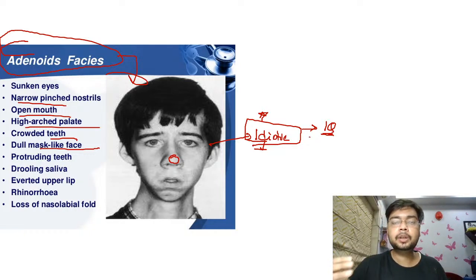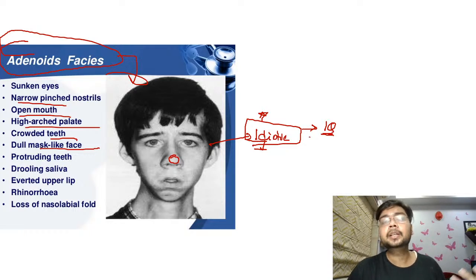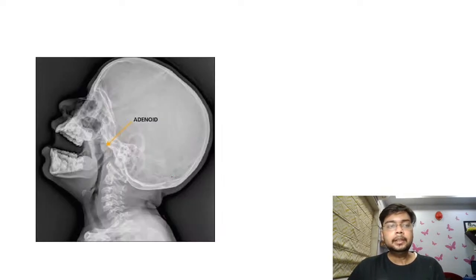Whatever you try to convey to the child for learning, he is not able to hear. If he doesn't hear, how will he learn? That is why mostly they have less learning. Also there is a dull face, protruding teeth, drooling of saliva, and loss of the nasolabial fold.